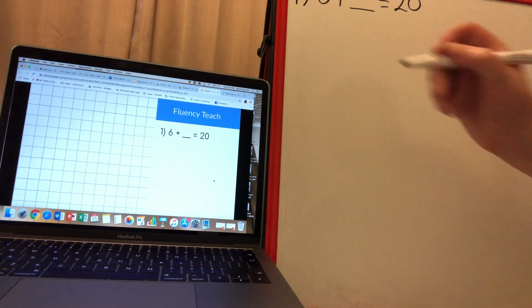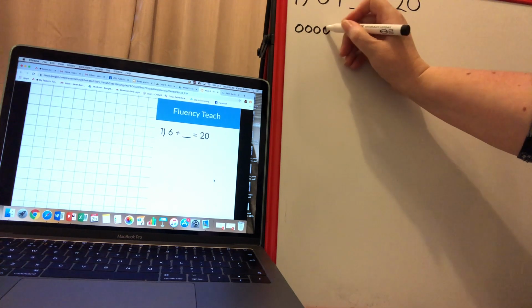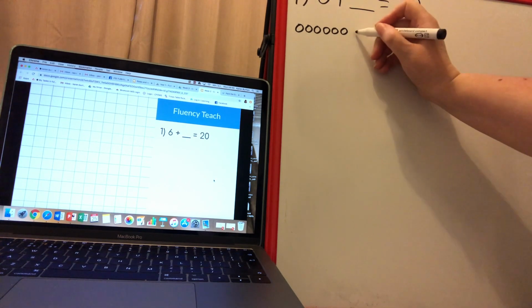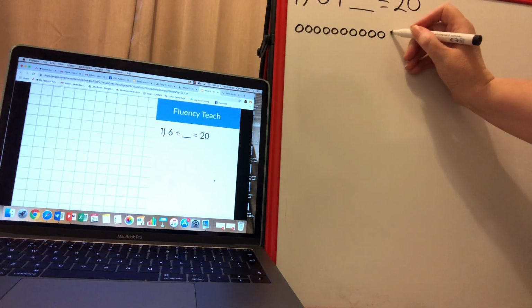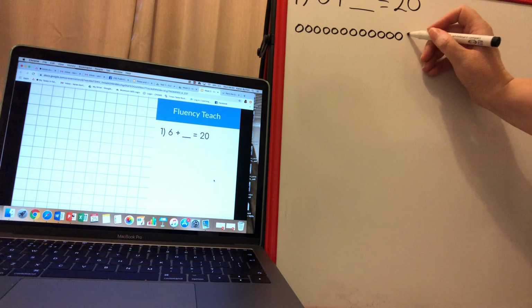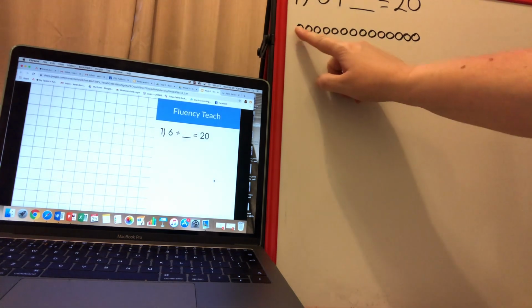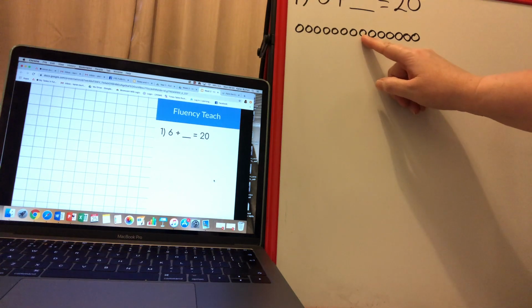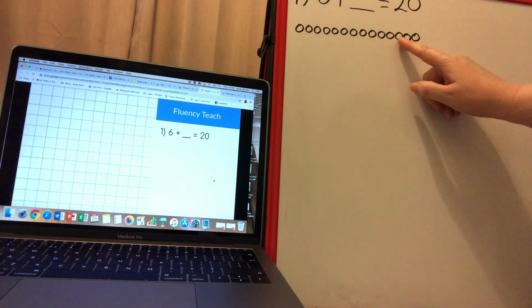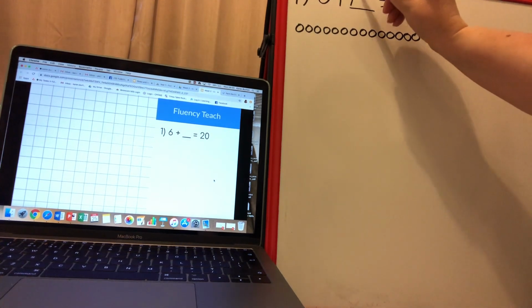Okay, so 6, 7, 8, 9, 10, 11, 12, 13, 14, 15, 16, 17, 18, 19, 20. Now to find the answer, all I've got to do is count those beads that I've drawn. 1, 2, 3, 4, 5, 6, 7, 8, 9, 10, 11, 12, 13, 14. So the missing number is 14.